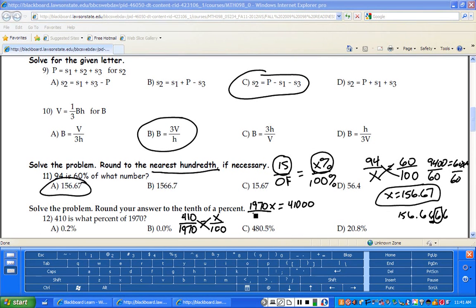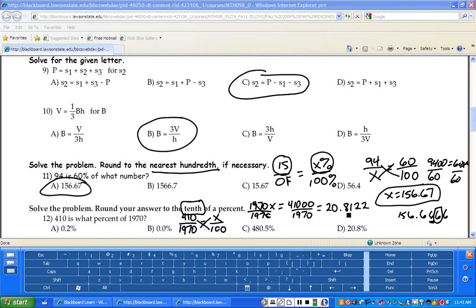Then you would divide 1970 on both sides, it cancels, and you'd be left with x equaling 20.812, and it keeps on going, but they want the nearest 10th.